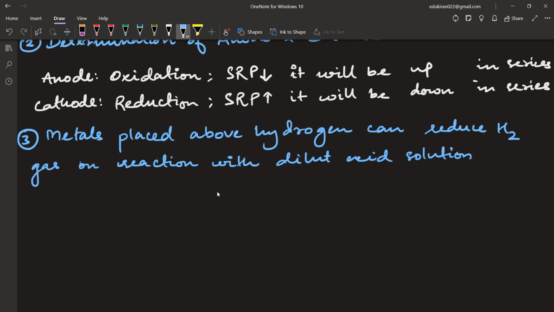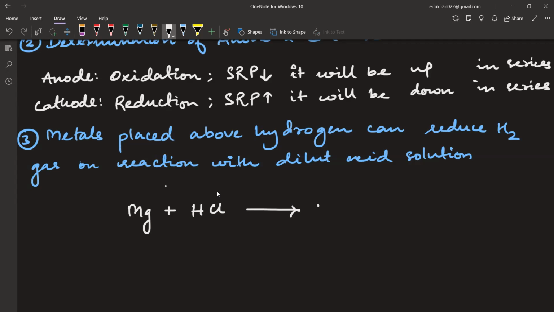Okay, so it will also predict the reactions for you. For example, what will the reaction be with Mg plus HCl? Tell me, Mg comes before hydrogen in the electrochemical series, yes or no? So what is going to happen? It will show a reaction.